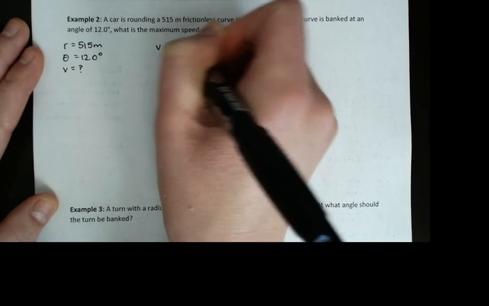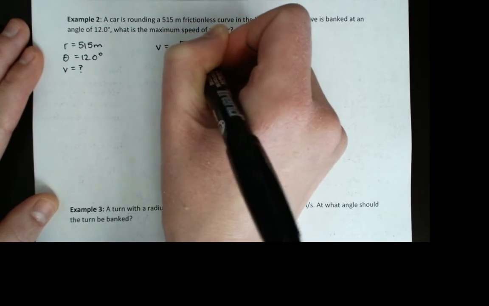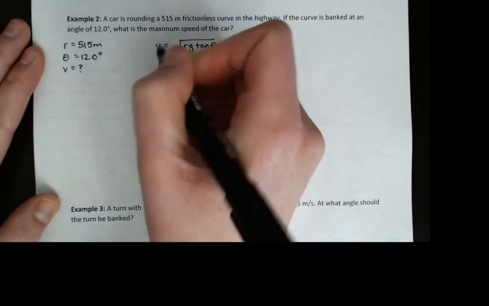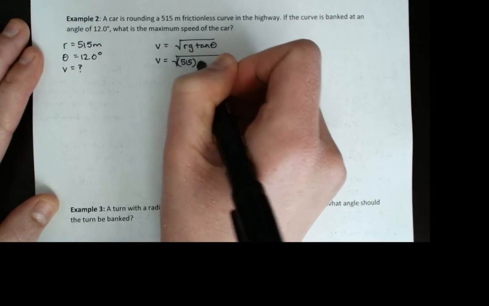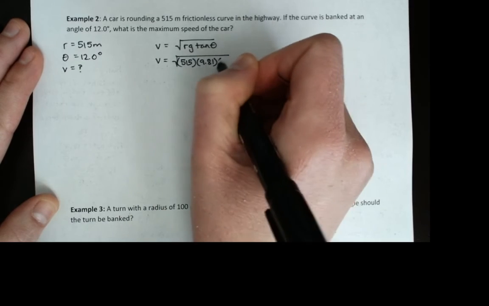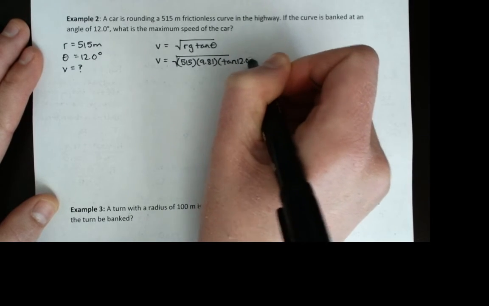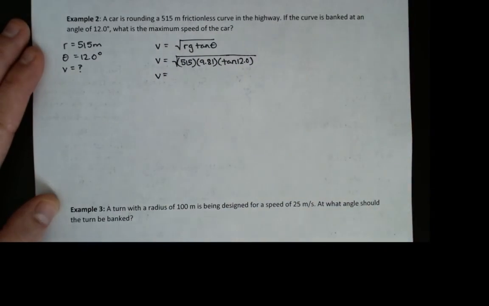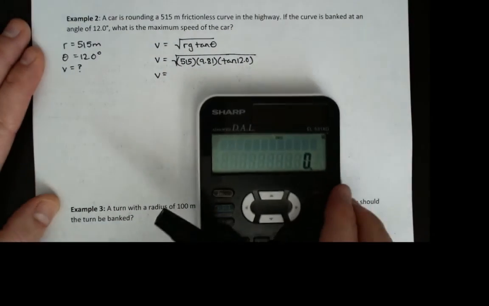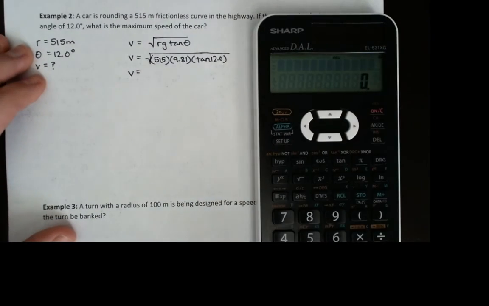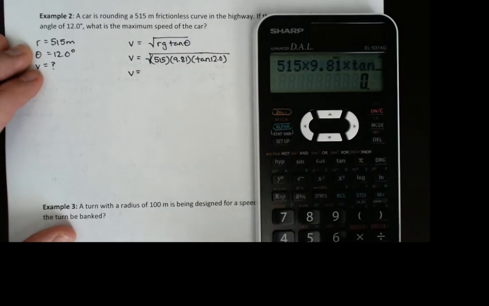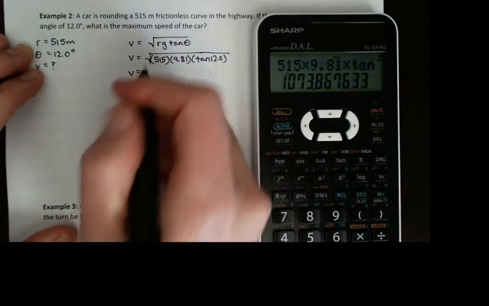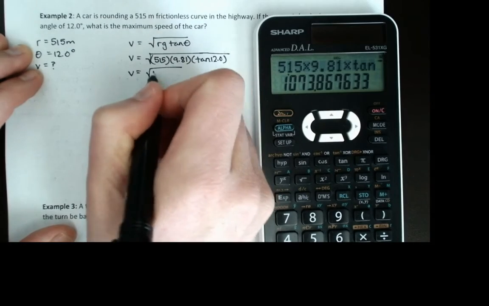All right, this time let's use this version. 515, 9.81, tan of 12. Again, this is one of those cases where if you don't want to put units, not the end of the world. All right, 515 times 9.81 times tan of 12 gives us the square root of that number.